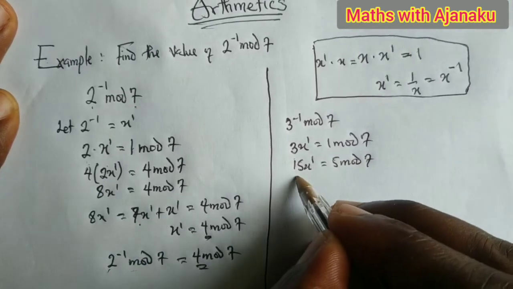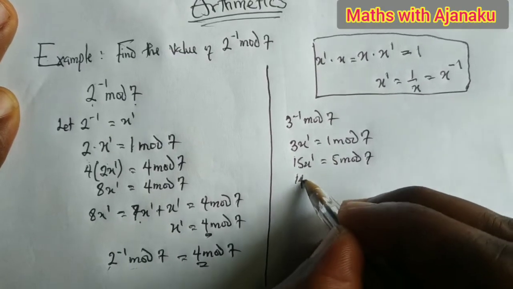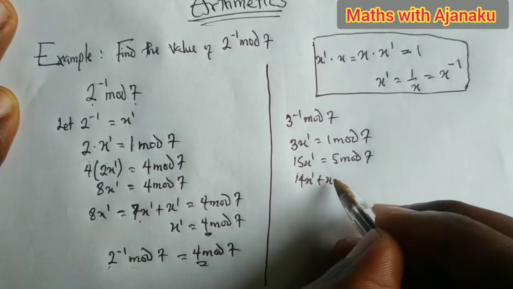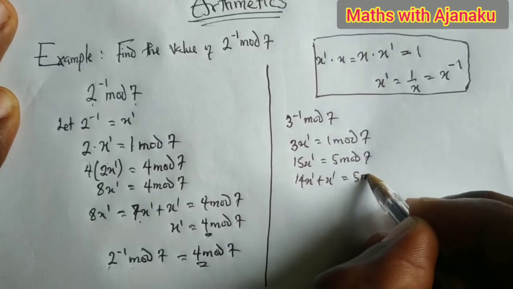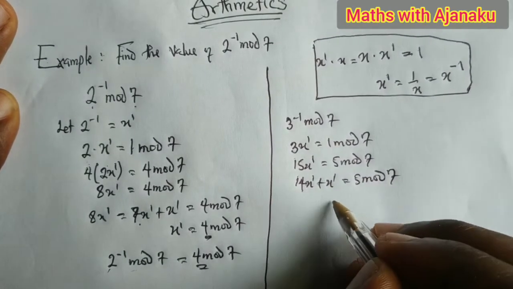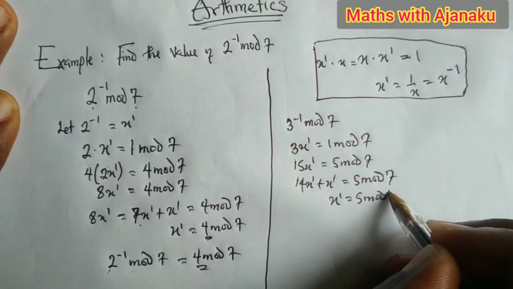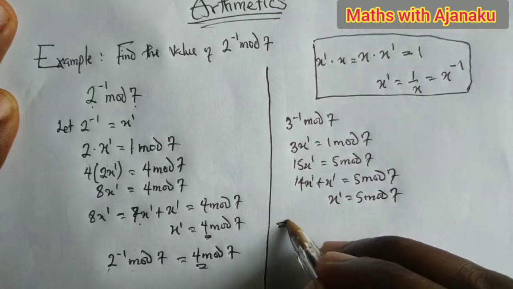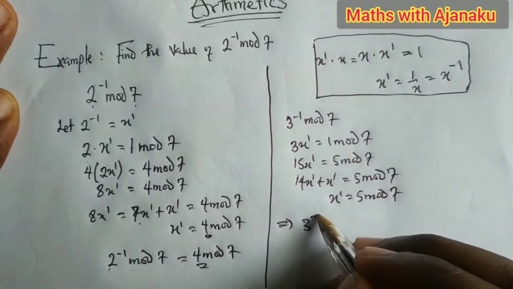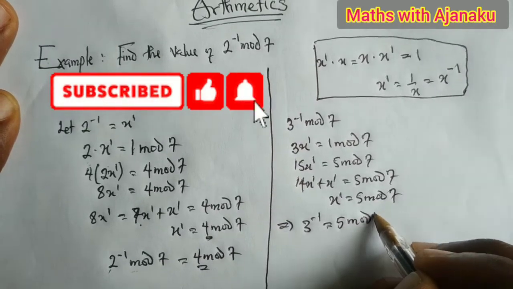And this is 14x prime plus x prime equal to 5 modulo 7. Here, 14x prime becomes 0, and x prime is equal to 5 modulo 7, which implies that the inverse of 3 in modulo 7 is equal to 5 modulo 7.